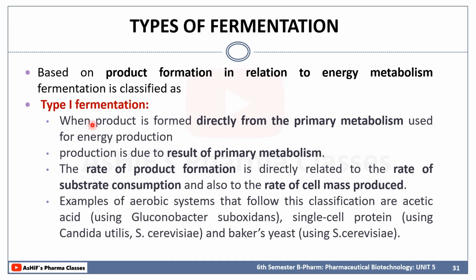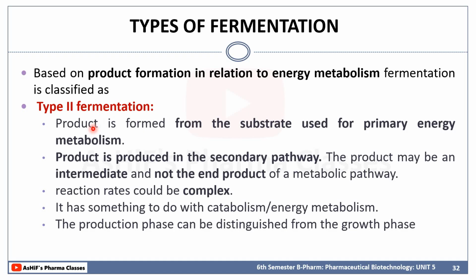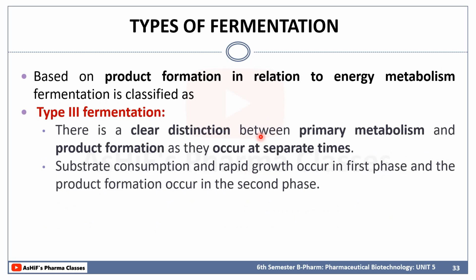In type 2 fermentation, the product is formed from the substrate used for the primary energy metabolism, and the product is produced in a secondary pathway. So there will be primary metabolic products, and by using the primary metabolites, there will be some secondary pathway to produce the final products. Okay, so there is a series of reactions here in type 2, and type 3 has a clear distinction between primary metabolites and product as they occur in separate steps.